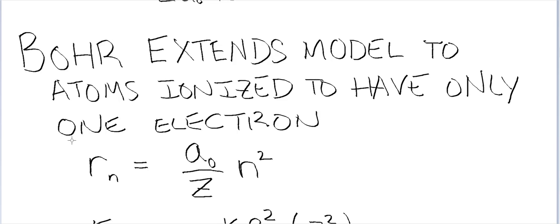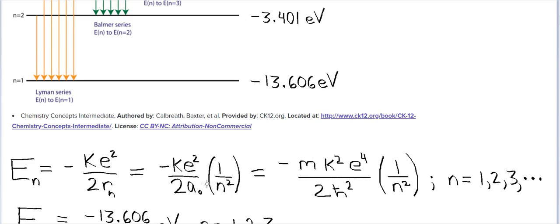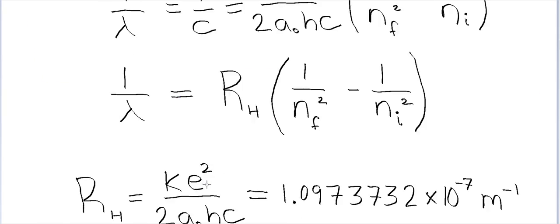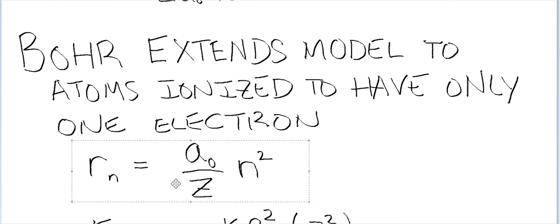And so in this Bohr model, the difference between what we had last time and what we have this time is this: the radius is the Bohr radius times n squared, but divided by z, where z is the number of protons in the nucleus.